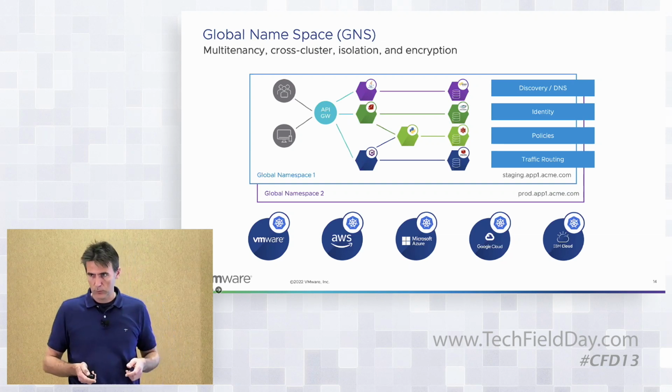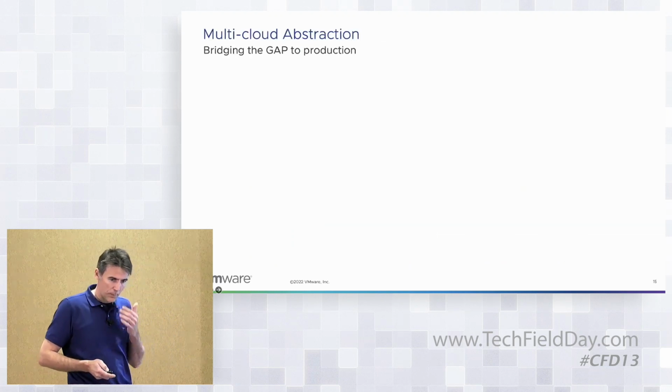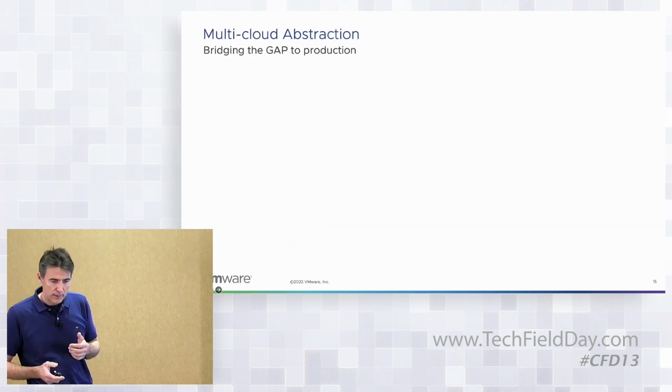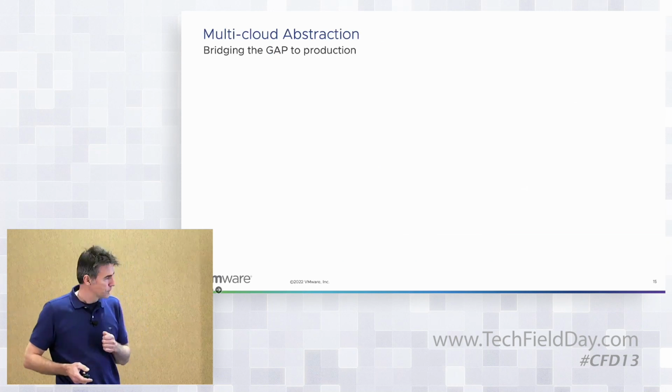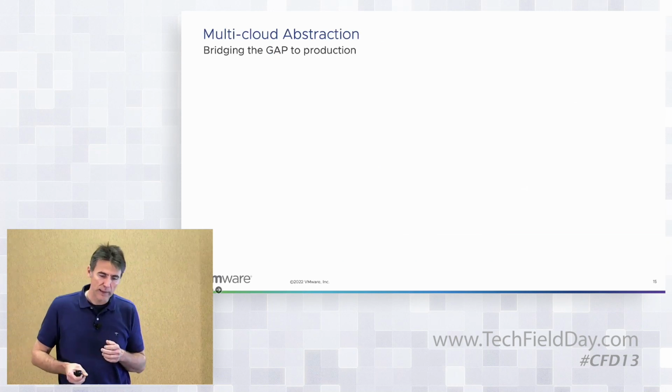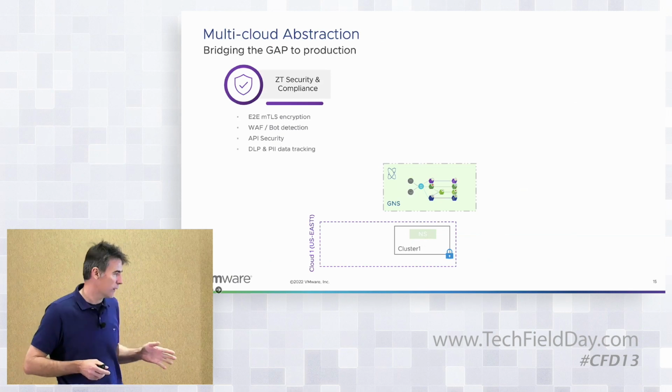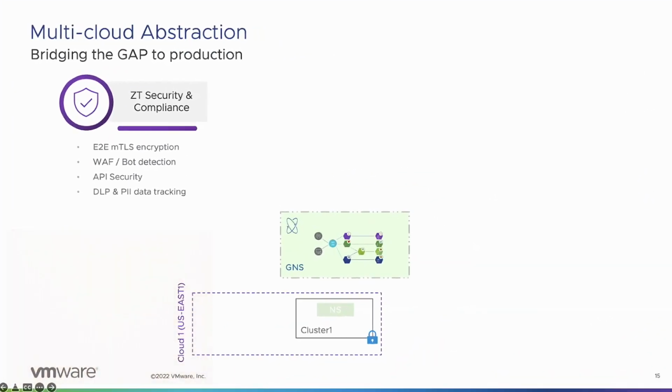Now I'm going to go to the question. So if you think the way it works is, let's imagine that we have one cluster with one namespace, let's say in this case, Kubernetes, and you have an application that is deployed in that namespace. So we create a global namespace, and now you're going to see the application is living on top. Now, the moment you want to extend that application, you could add another cluster.